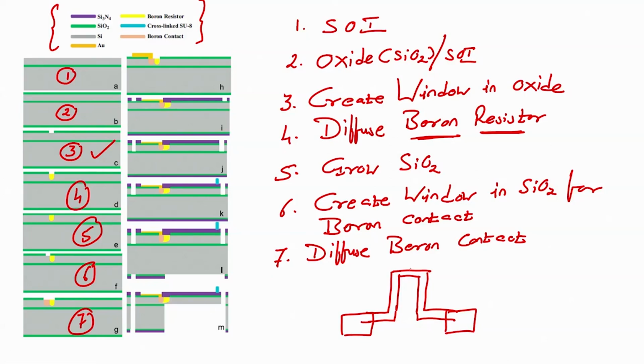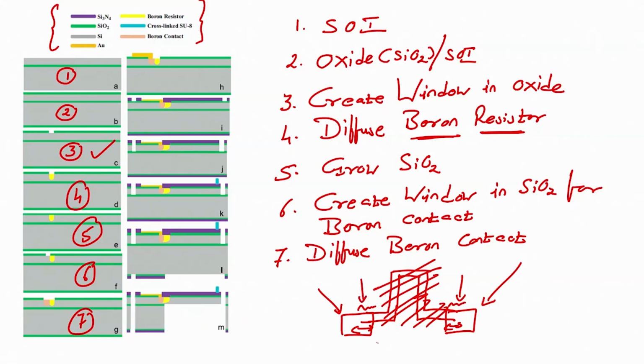There is oxide here everywhere except this area. You see this area that goes in, right. So, if I diffuse boron contact, this boron contact will overlap the boron resistor only in this particular area, right, only in this particular area.